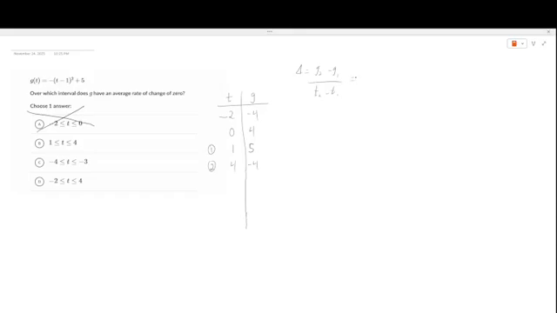Okay, so we're going to do negative 4 take away 5, which will equal negative 9.